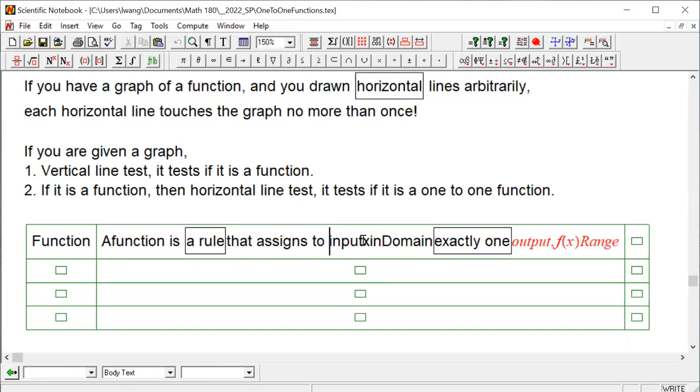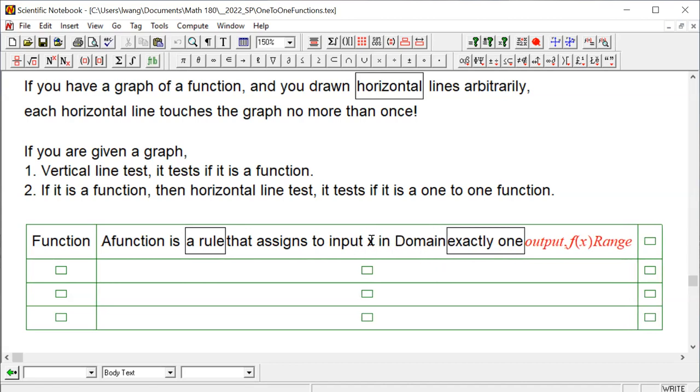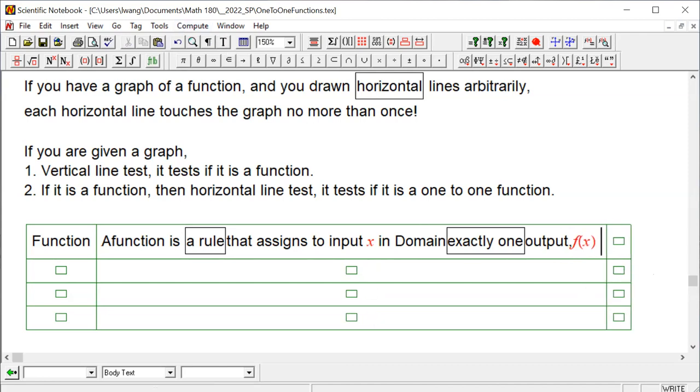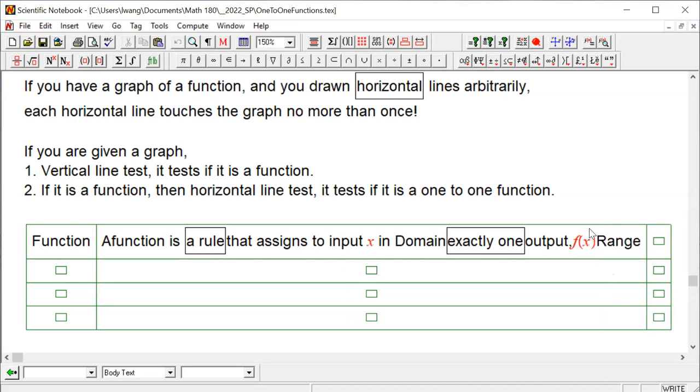Sometimes they don't convert the way I want, so I have to do a little something here. Okay, so f of x, in range.